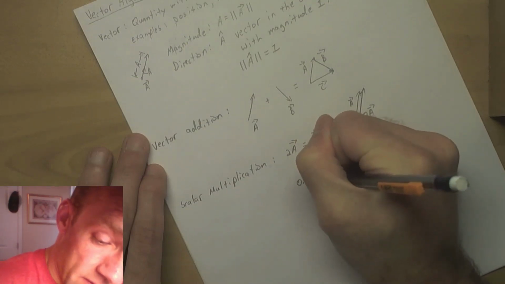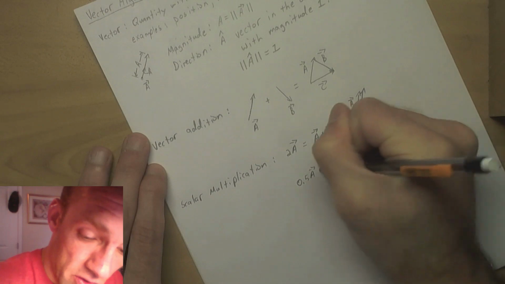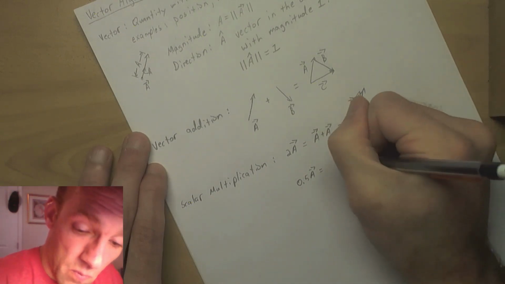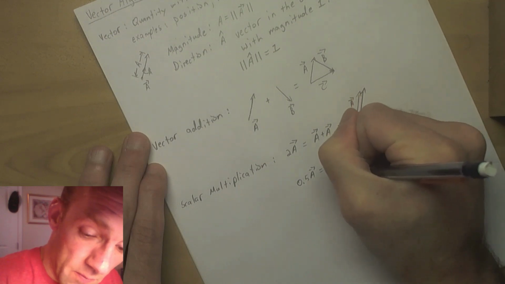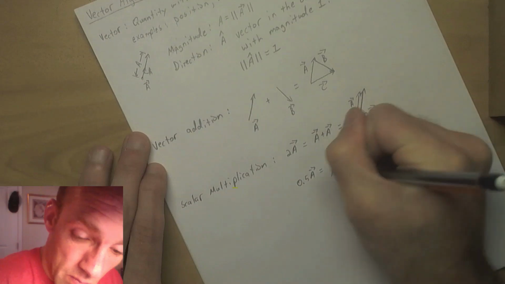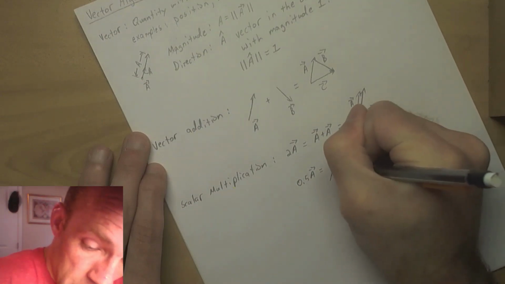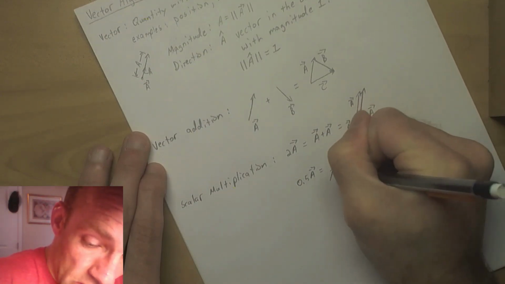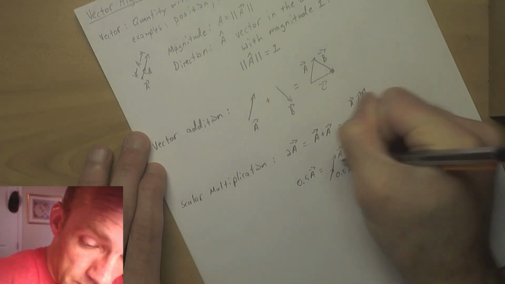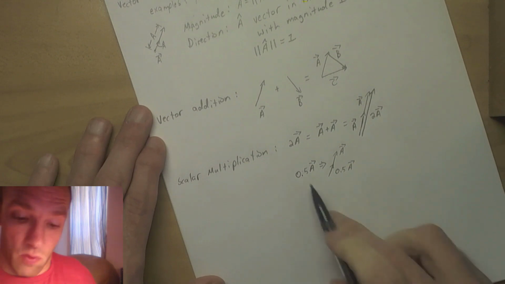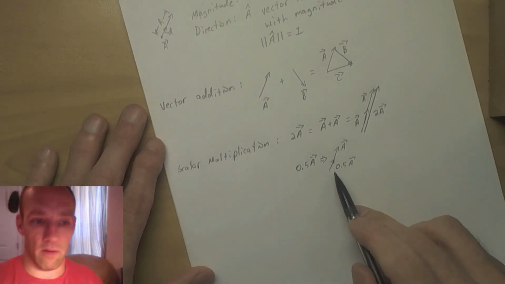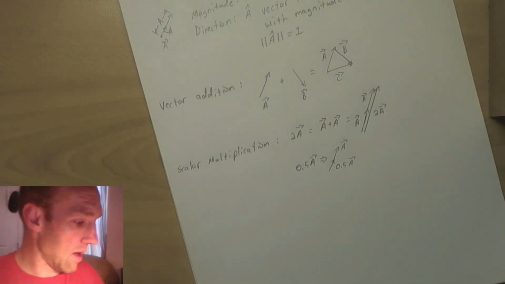Say 0.5A: if this is the original A, it would just be the original A but half the length. So you can multiply by 0.5 and you would get the same vector except shortened by a factor of a half. Okay?